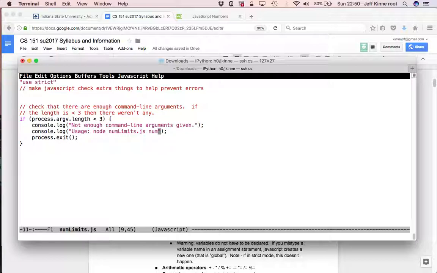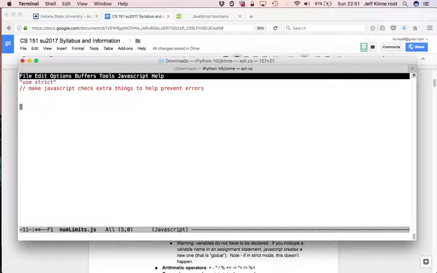Well, we've already seen, we'll do no arguments. All right, so I'm just going to print out some things here and we'll see what we get. So I'll do console.log 1 divided by 0.